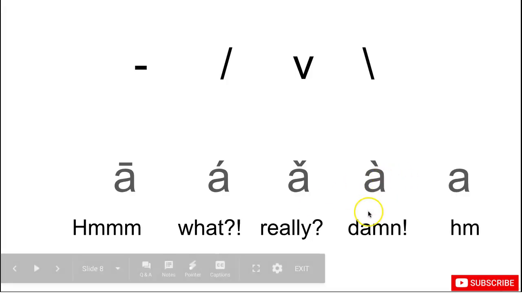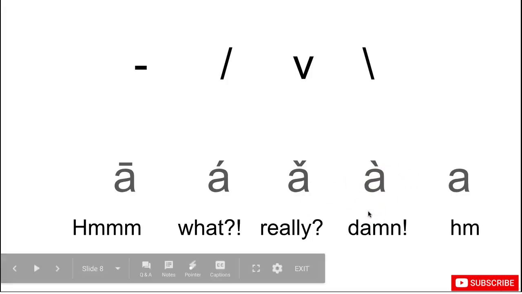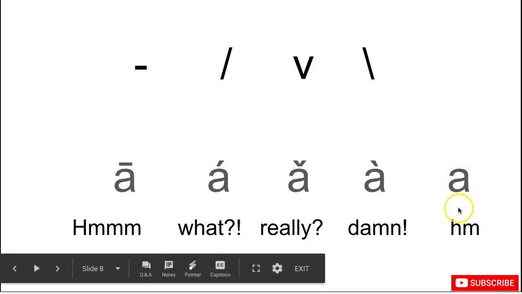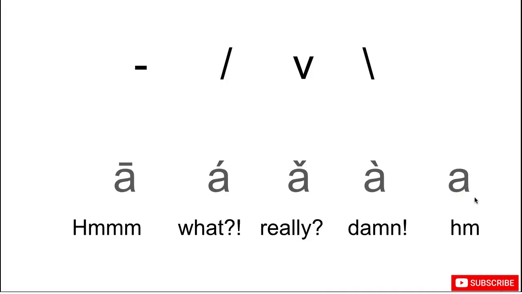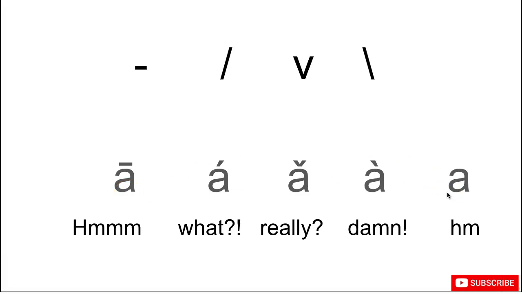The fourth tone sounds like "damn". And the last tone sounds like a shortened version of the first tone.